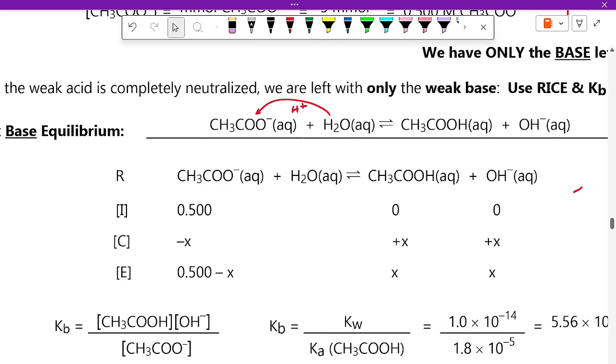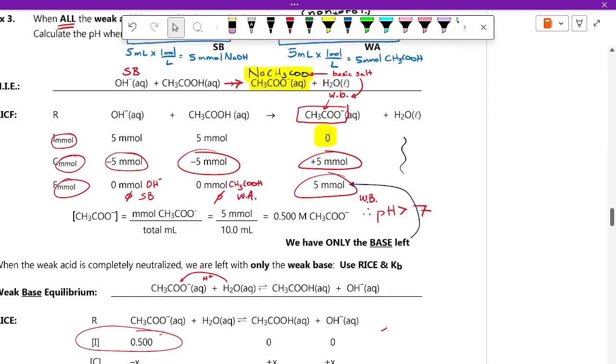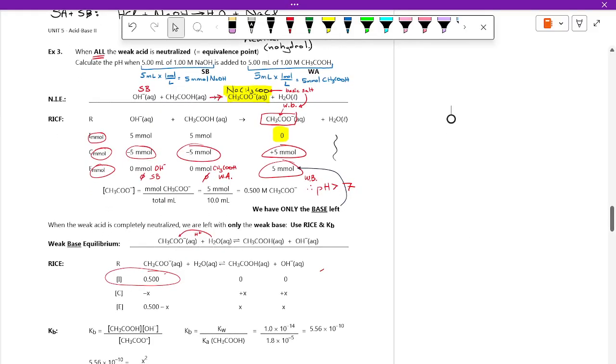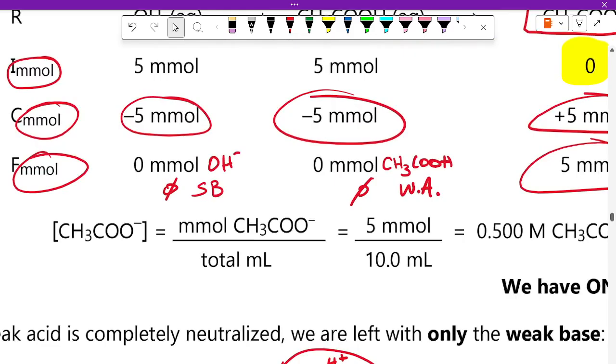Now, how did I get this number here? Let's see if I actually did it correctly. Oh yeah, I did. Here we go. Our concentration of acetate ion, our new concentration of acetate ion.